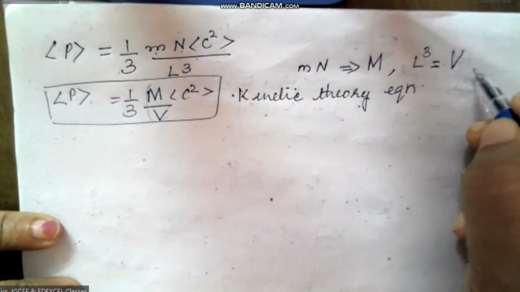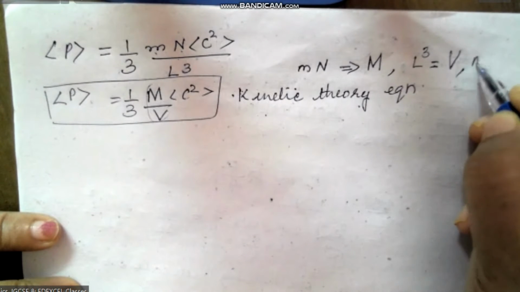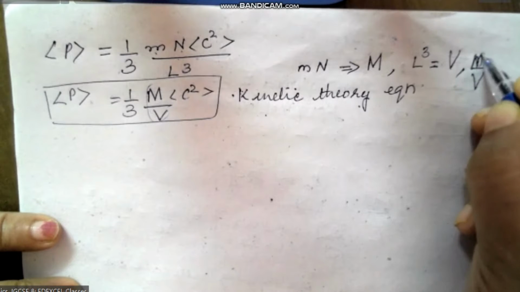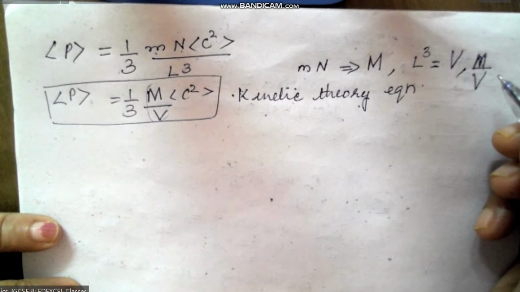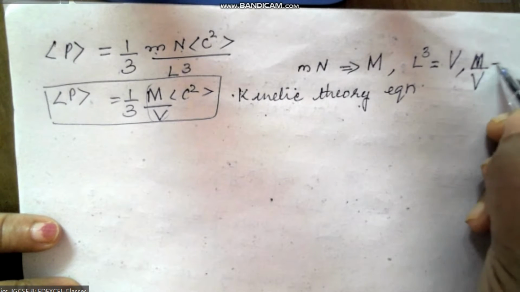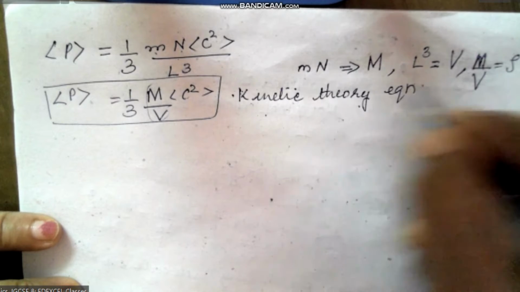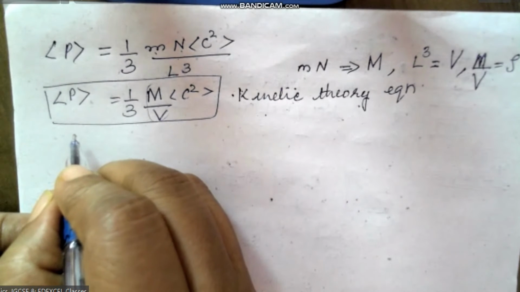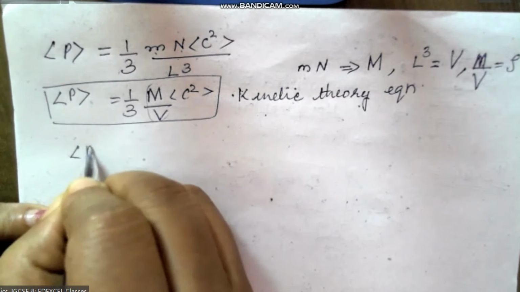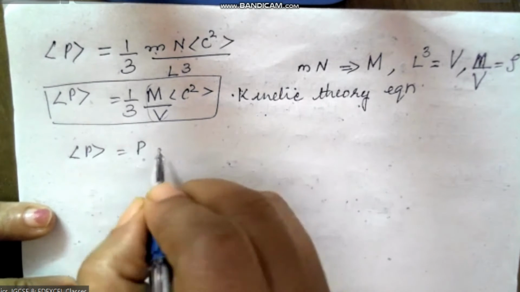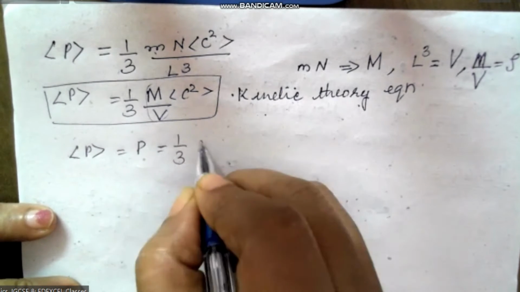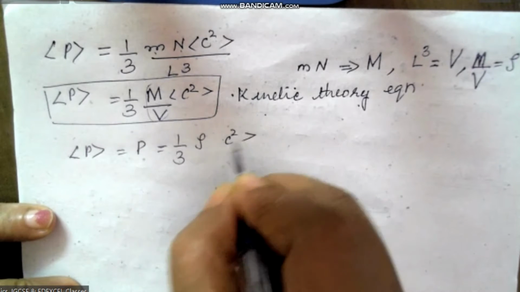Now you also know that m by v, what is m by v? Mass by volume. What is mass by volume? Density, rho. You can also make that substitution. That is easy for you to remember. We simply write: pressure is equal to 1 by 3 rho c square.